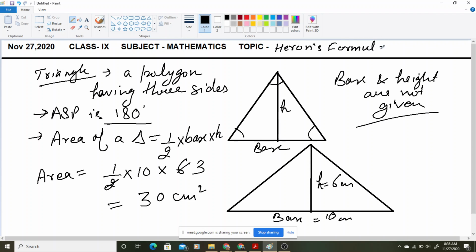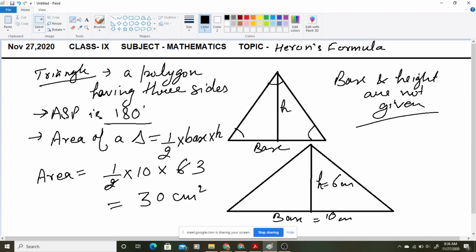Heron's formula. You know what? Heron's a mathematician. He gave a formula about this thing. See, we all know if we have to find the area of triangle, we use this formula half into base into height. But this formula we can use only when we are given with base and height. But what about those triangles when we are not given with height?